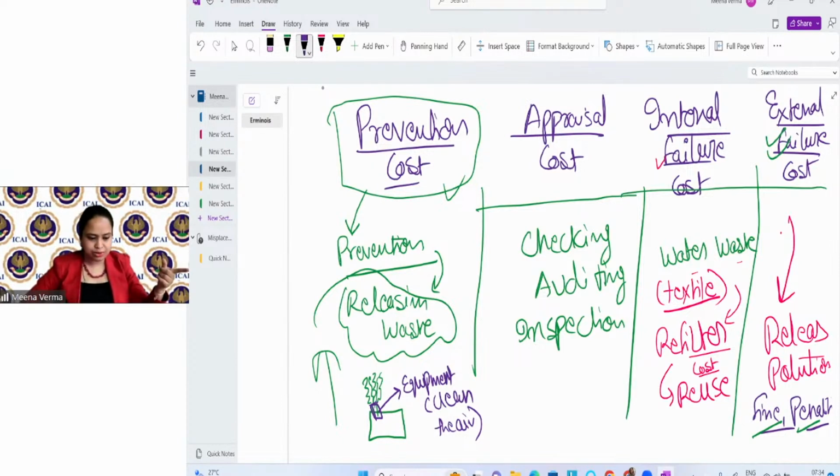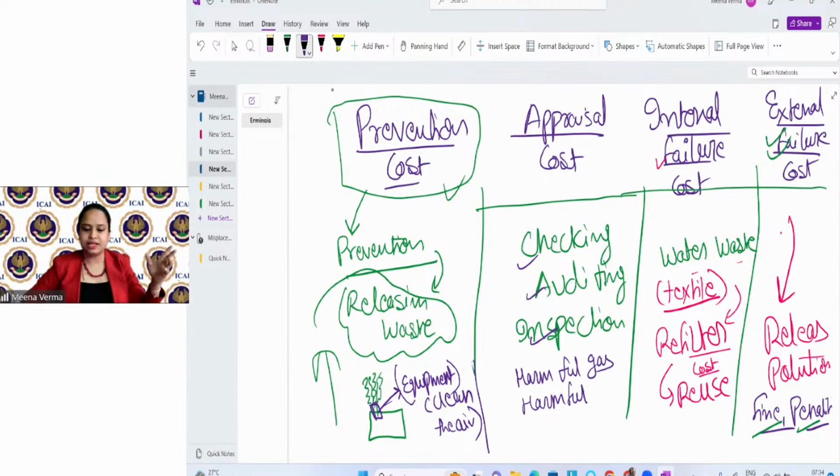So obviously you can imagine this equipment which is cleaning the air is not free in nature. It requires some cost, right? Then regular auditing, checking, or inspection is required, to make sure the company is not releasing any harmful gas or harmful water.